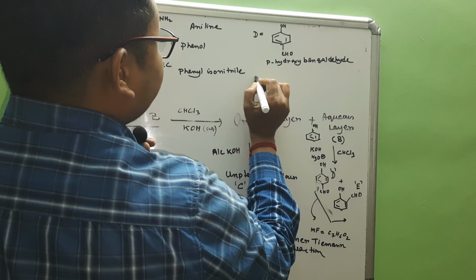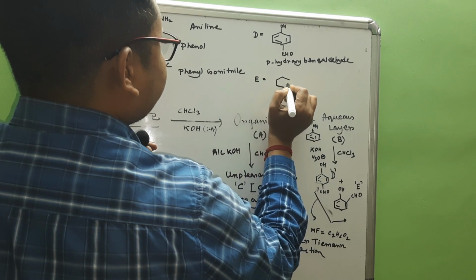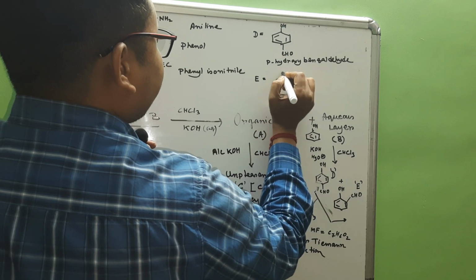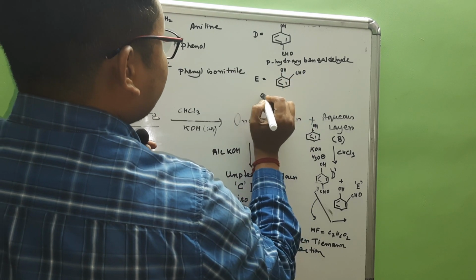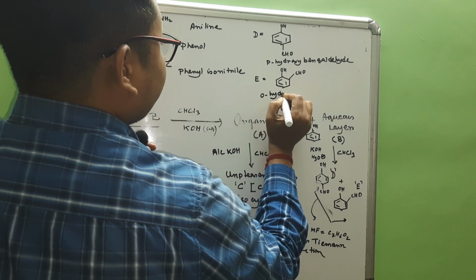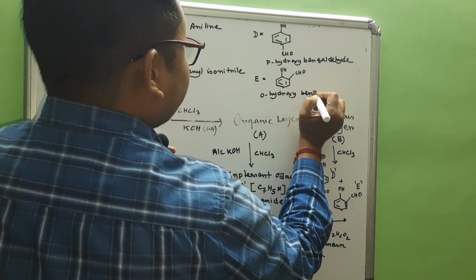And what is E? E should be the minor product of the Reimer-Tiemann reaction, that is the ortho product. It should be ortho-hydroxybenzaldehyde.